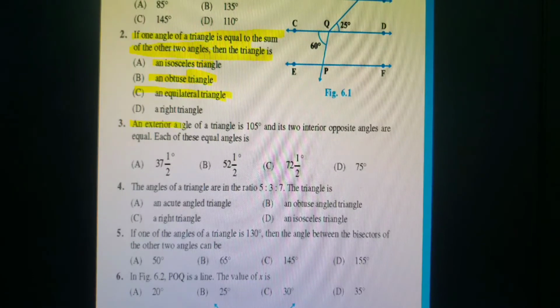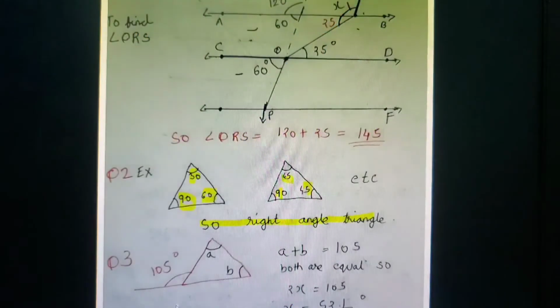An exterior angle of a triangle is 105 degrees and its two interior opposite angles are equal. Each of these angles is... This is an axiom we have studied: the exterior angle is equal to the sum of the opposite interior angles.